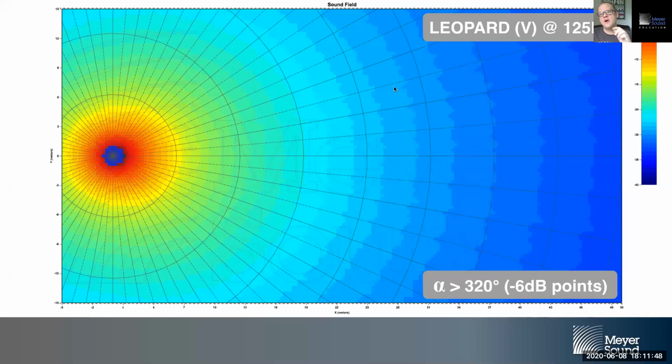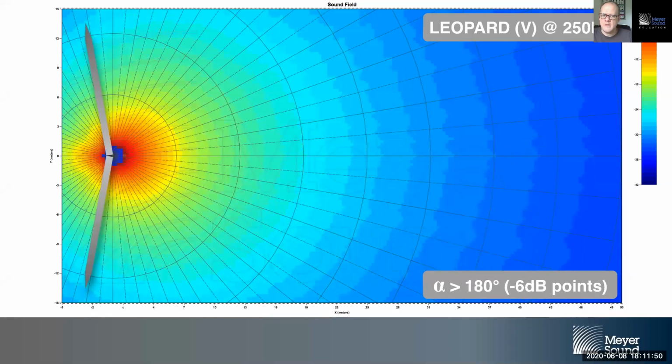However, if we go up in frequency by an octave, now we actually measure a coverage angle. And for those that remember, when we define a coverage angle, we're saying, okay, what is the angle with respect to the loudspeaker where we observe 6 decibels of angular attenuation?